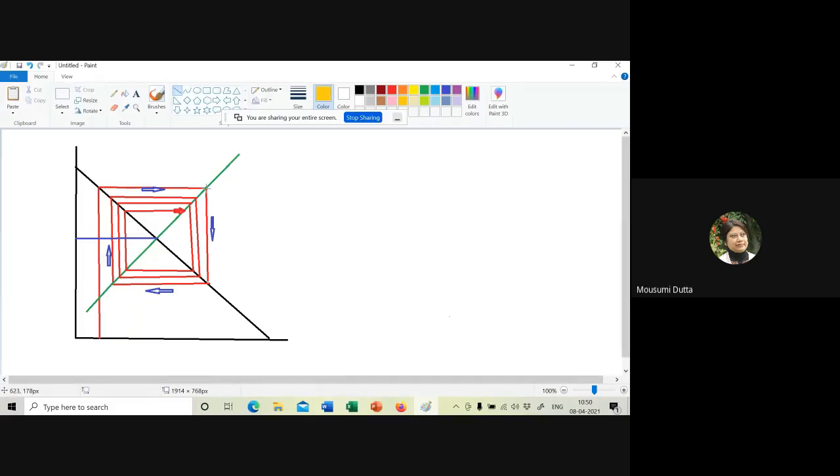Now, if this is the market price and this is the demand at this price, what is the supply at this price? That is given by this line. At this price, the supply is given by this, isn't it? Yes, ma'am. So there is a gap between demand and supply. Yes, ma'am. That is nothing but excess supply.